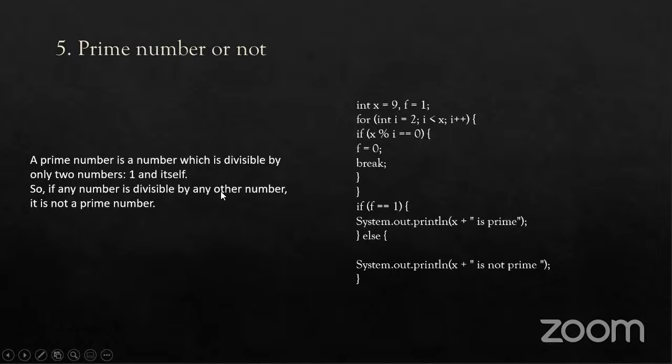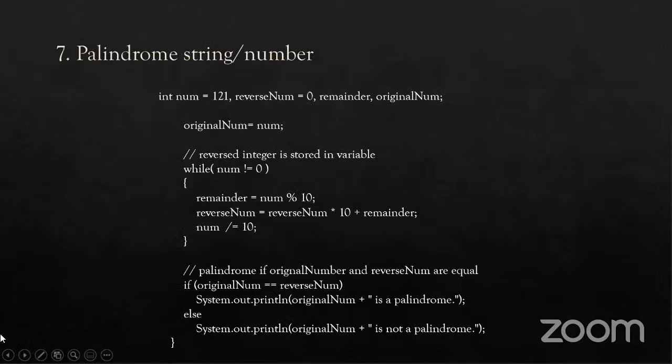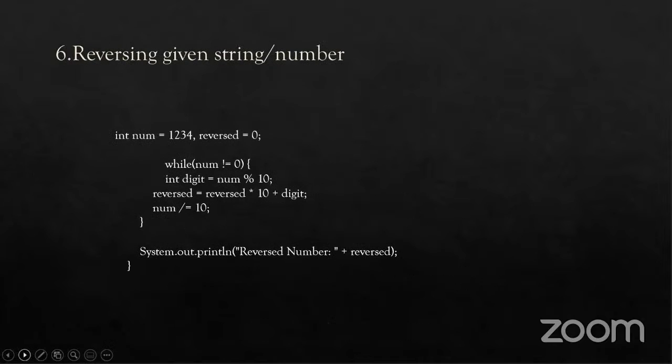Okay, so in the prime number, like I said, we can be asked to print prime numbers up to a limit, like the first 100 prime numbers, or the first 10 prime numbers, etc. Those are the other questions that come from the prime number part. And reverse and palindrome, etc., are commonly asked questions.